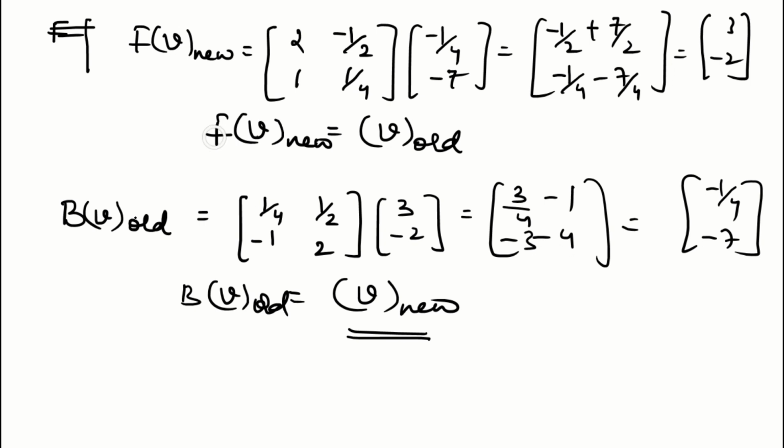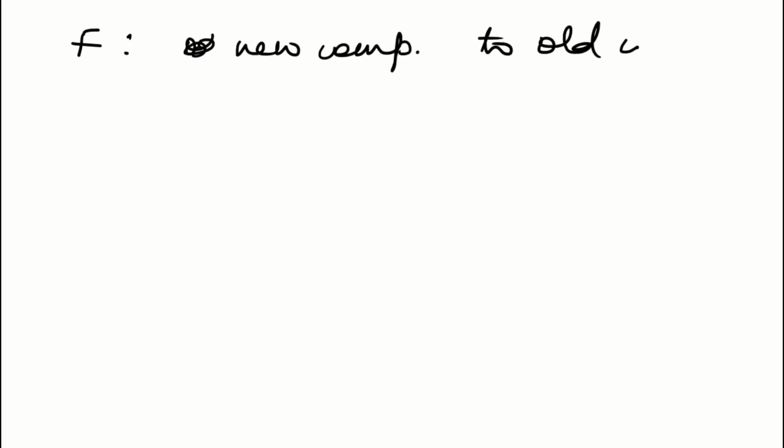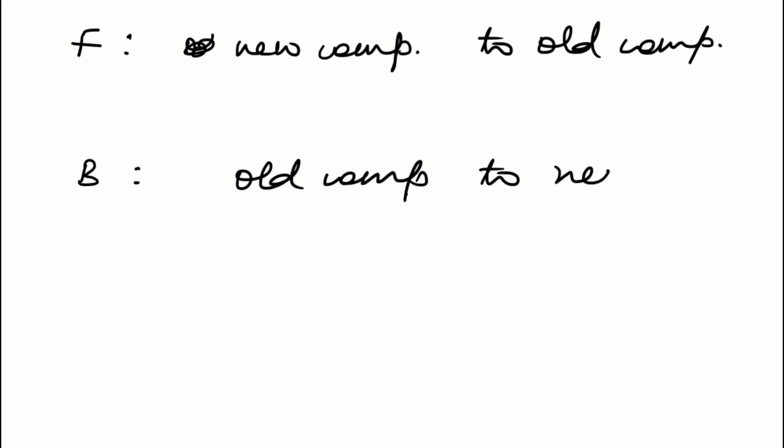That means F takes you from new component to old, and B will take you from old component to new.